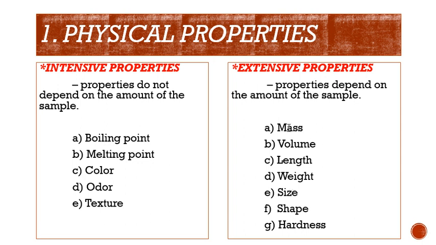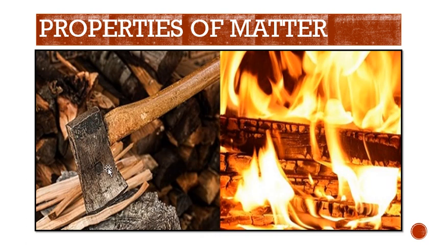So for example nato in mass, we have the wood. Kung wala pa siya na chop or wala pa siya na himong nangagagmay iyahang sizes, as whole pa siya, iyahang mass is mas higher or mas greater.